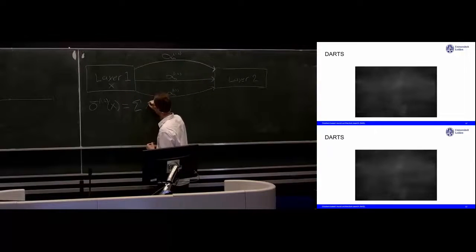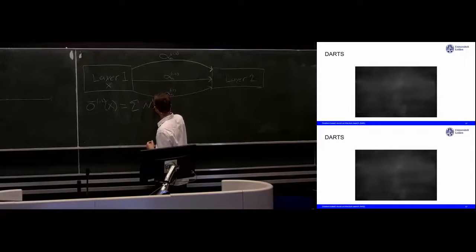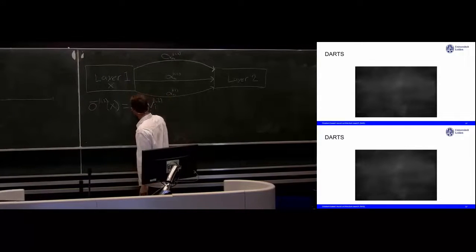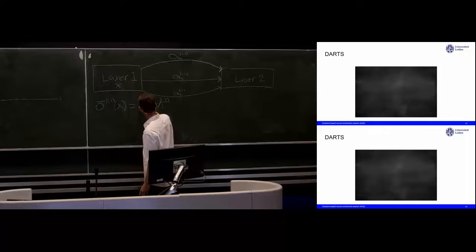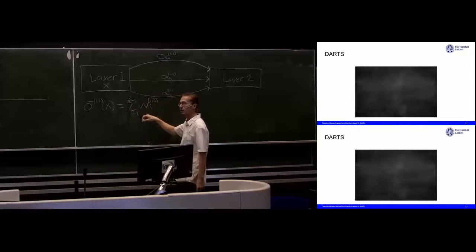So this is going to be a weighted operation from 1 to 2 for every i, where i goes from 1 to 3 in our case, because we have 3 different operations.